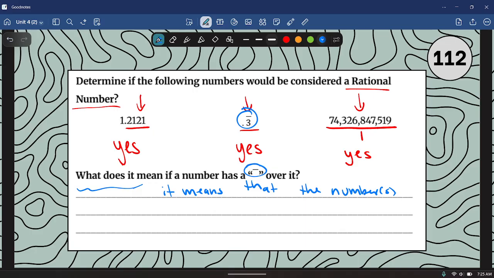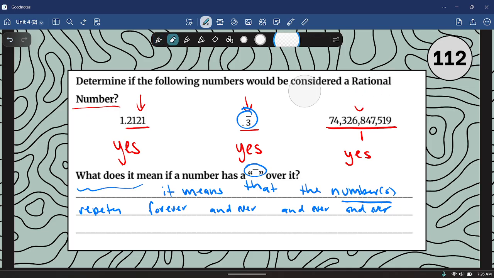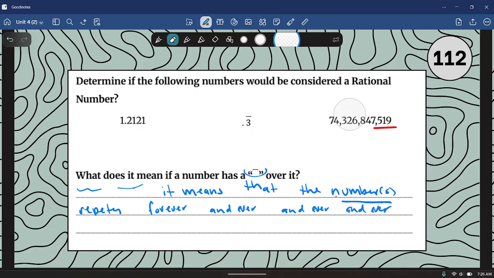So the number or numbers repeat forever and ever and ever. And I'm going to put a little line over it because that would repeat forever and ever. All right, that's my sort of silly answer.